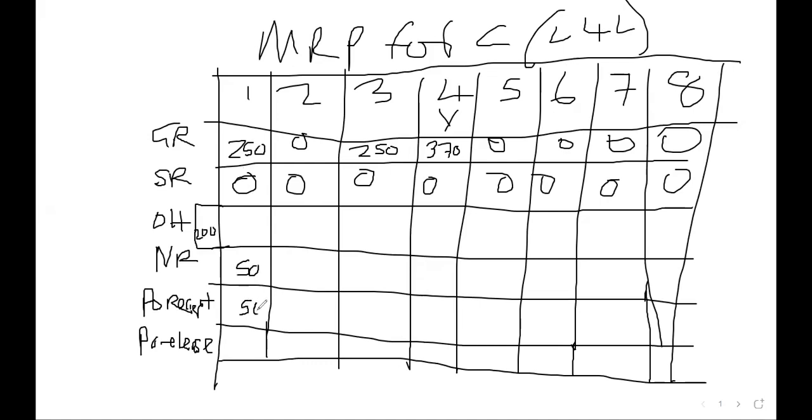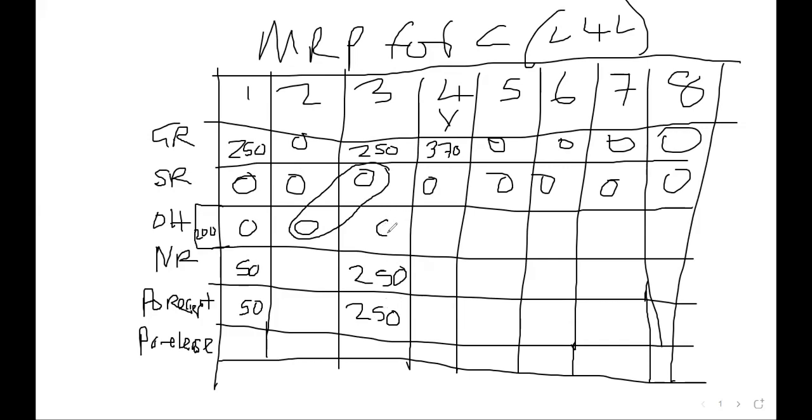Then for the other one, you have 0 plus 0 to meet the demand of 250. Our on hand is 0. You order a net requirement of 250. This is the order receipt, so you order the same 250 here.